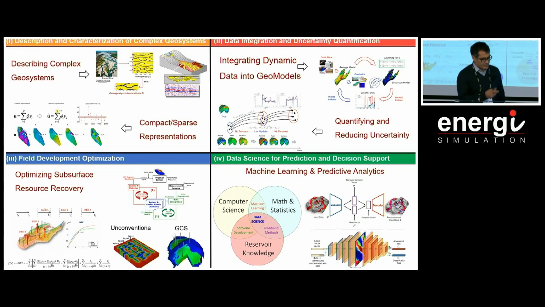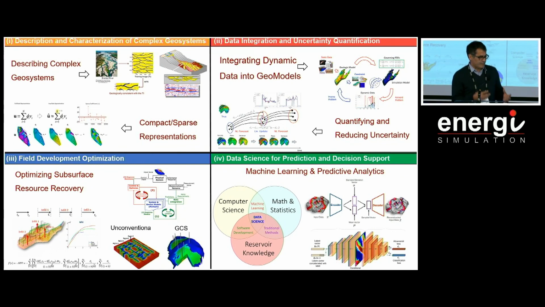Another topic that is also very close to my heart is field development optimization in any of these specific areas that I mentioned. We mostly are interested in improving the performance of these systems, and more recently, there has been a shift into also looking at environmental and risk aspects, to see whether optimization tools can be used to mitigate risk.